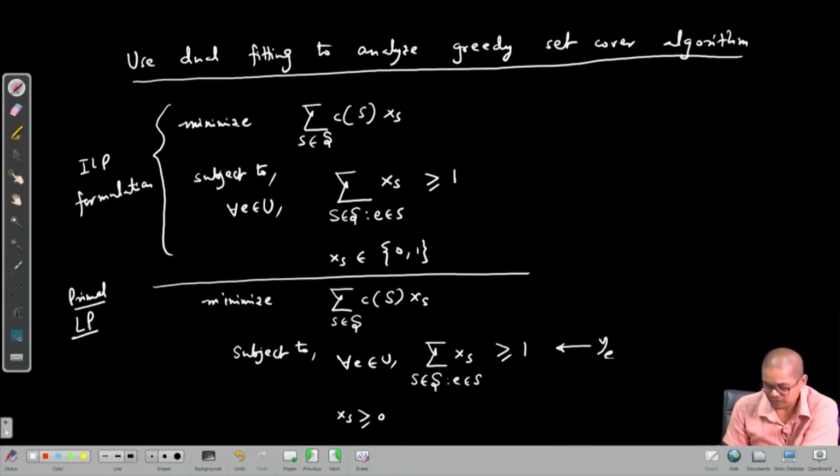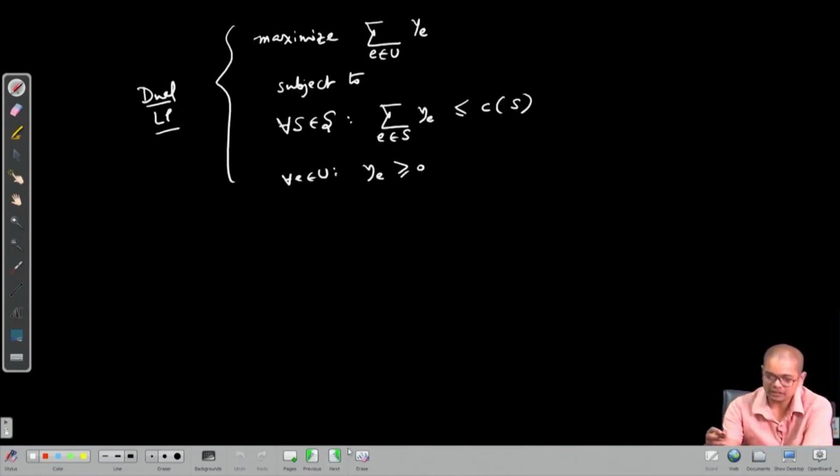Now, we observe that the primal is a minimization problem and its coefficient matrix has all entries non-negative. Such a program is called a covering program, covering LP. On the other hand, the dual has again a coefficient matrix with only non-negative entries, and it is like a packing problem. So, this is called a packing LP.